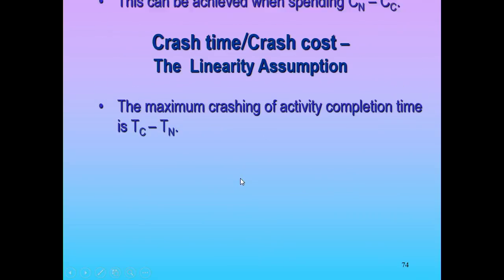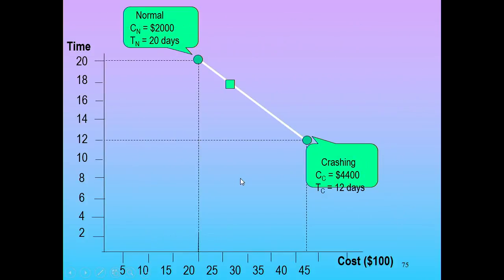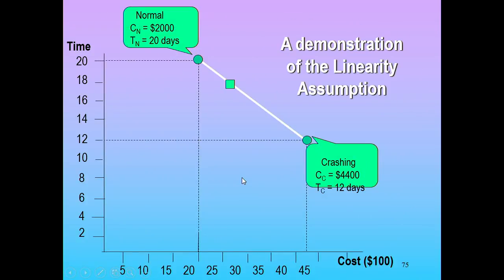What we do is look at every activity. For example, this activity can be done normally for $2,000 and take 20 days. The most we can crash it is down to 12 days, but it's going to take an additional $2,400. So we bought ourselves 8 days.